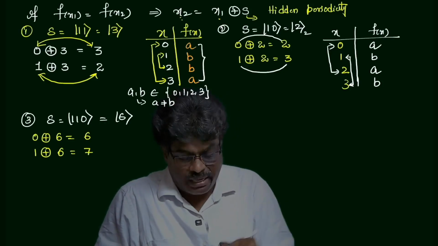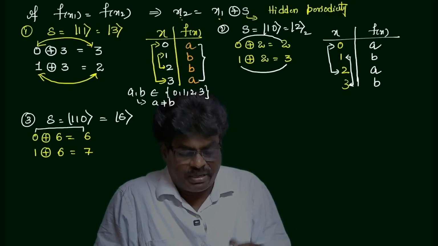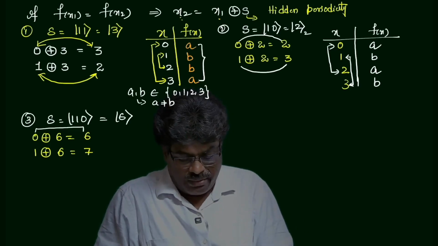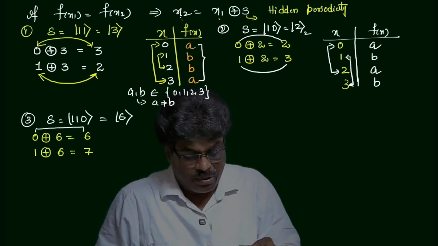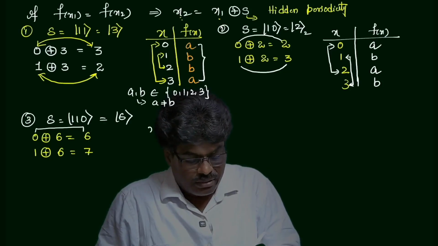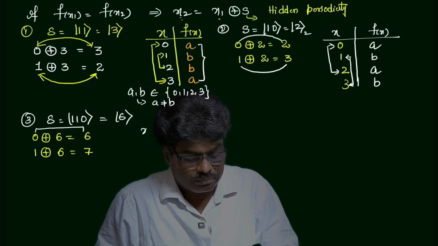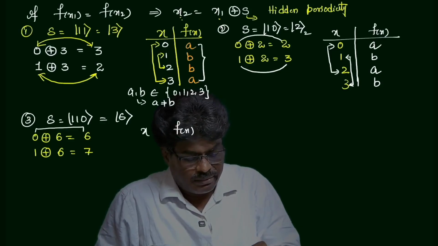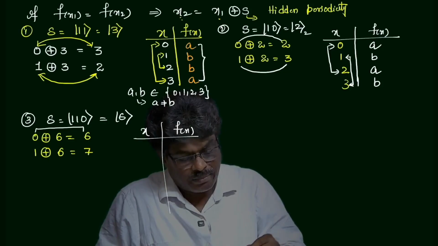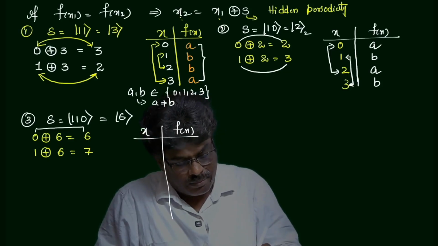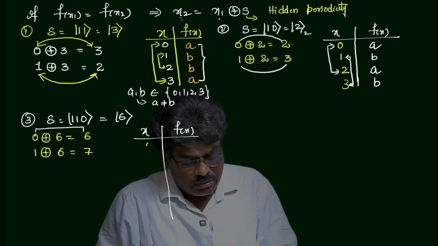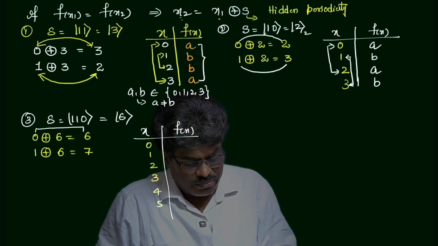I hope now you understand. 0 and 6 have same output and 1 and 7 have same output. Let me take the table here itself. X, f of x, this is a 0, 1, 2, 3, 4, 5, 6, 7.